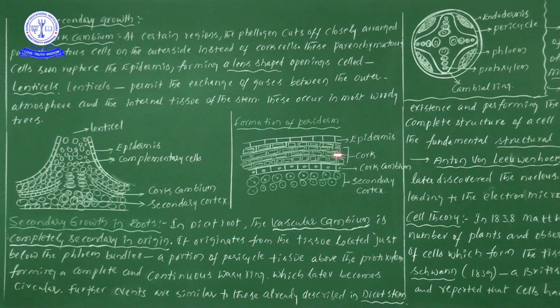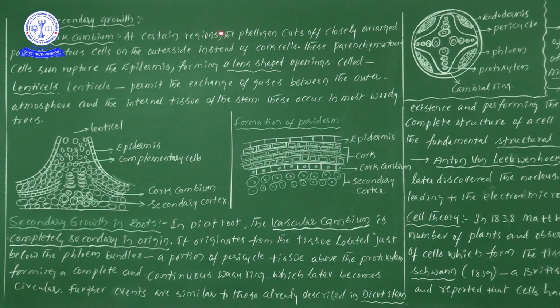But here a dead tissue is there, so how does the exchange of gases take place? Some information I have mentioned here, so let me explain what I have written.